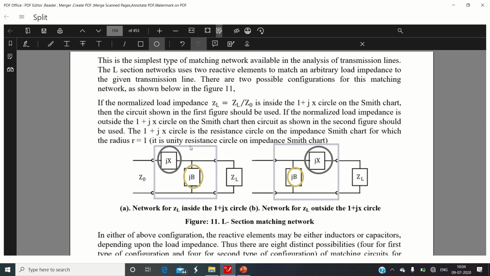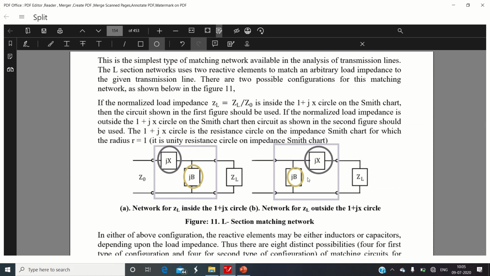On the other hand, if the normalized load impedance lies outside it, we use the second configuration.